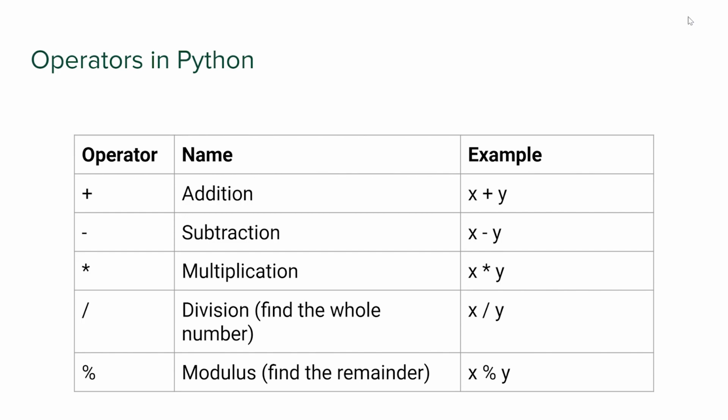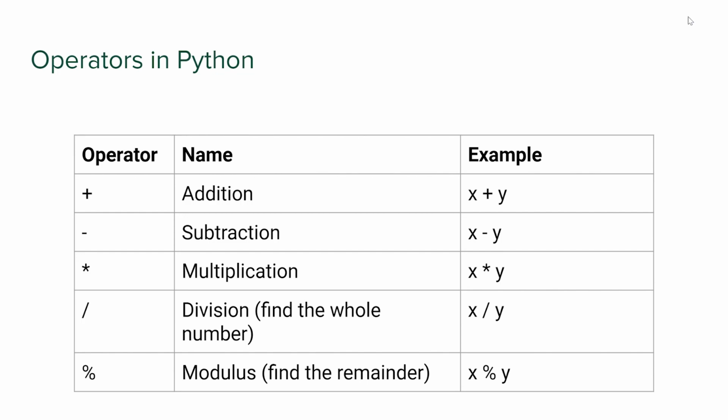Now, division and modulus. If you haven't already come across these terms, no problem, I'll give you a very brief explanation. Basically, let me give you an example here. Let's say I'm taking 20 and 5. 20 divided by 5 is 4. Okay, great. What if I'm doing 21 divided by 5? 21 divided by 5 is 4 remainder 1, right? So if it's 4 remainder 1, then what would the division value be when it's finding the whole number?